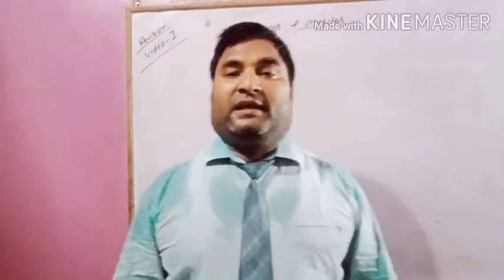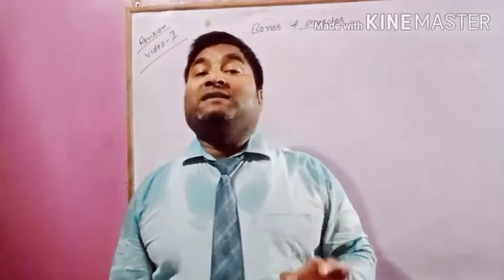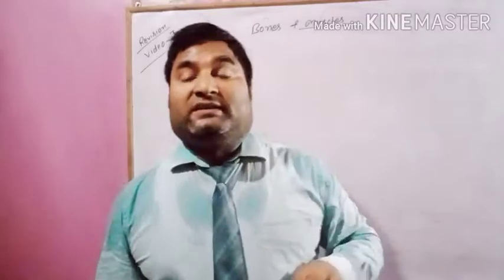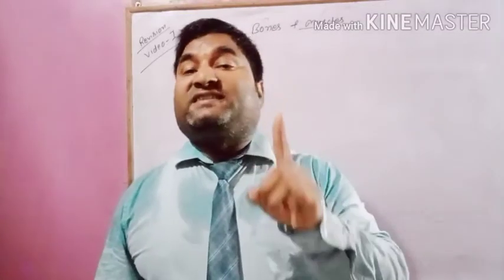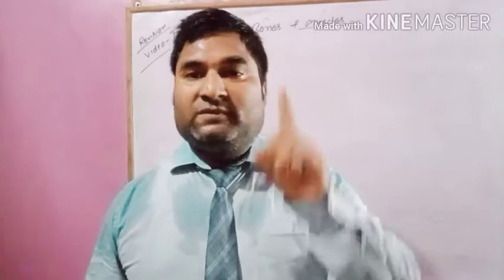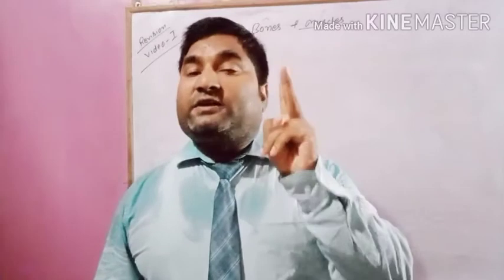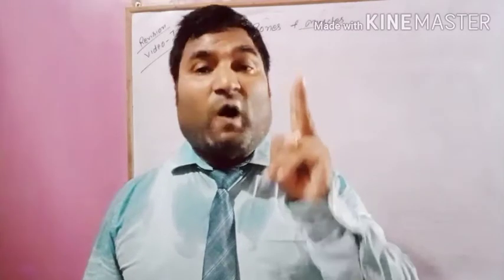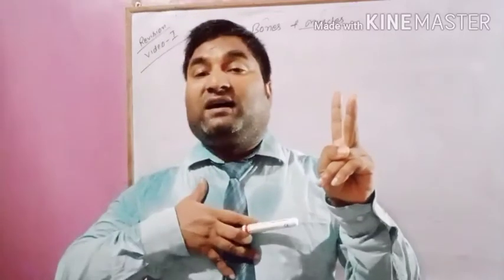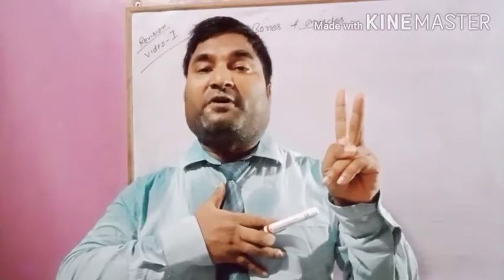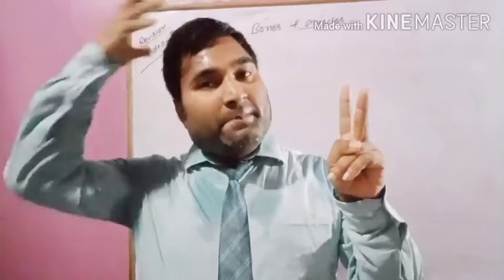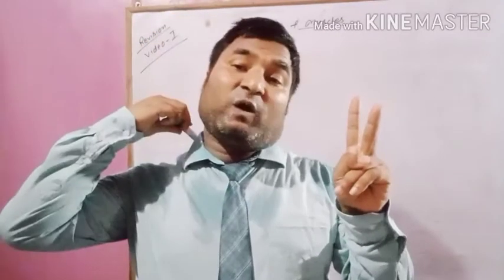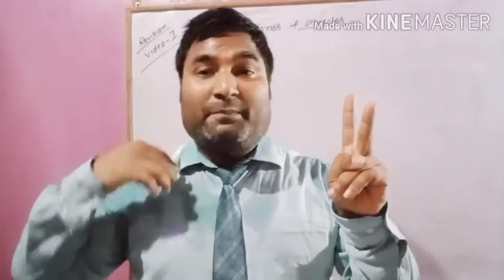Next, what are the functions of the skeletal system? First, the skeletal system gives shape and support to the body. Second, it protects the delicate internal organs: lungs and heart are protected by the rib cage, brain by the skull, and spinal cord by the backbone.